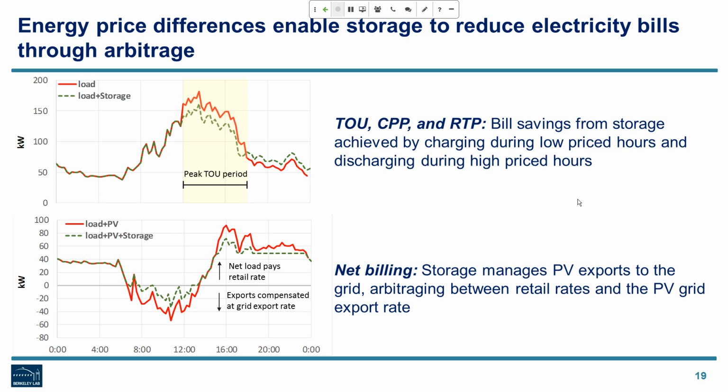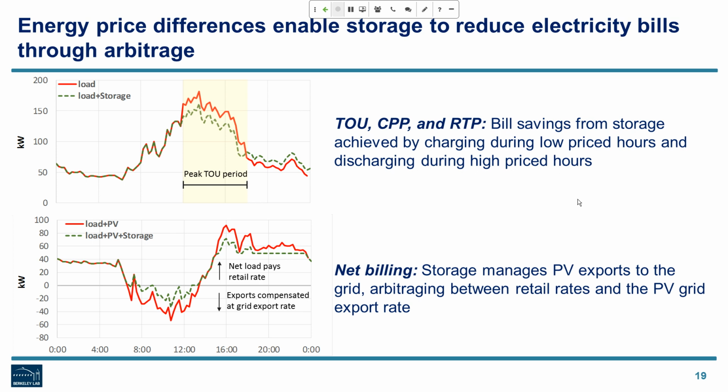This is shown in the figure here, where the gross load can be seen in red, and the combined load plus storage dispatch is seen in green. We see that during the predefined peak time of use period, the combined load plus storage is lower than the gross load as the storage is discharging, and then the storage starts charging after the end of the peak TOU period, which is what we see on the top figure here.